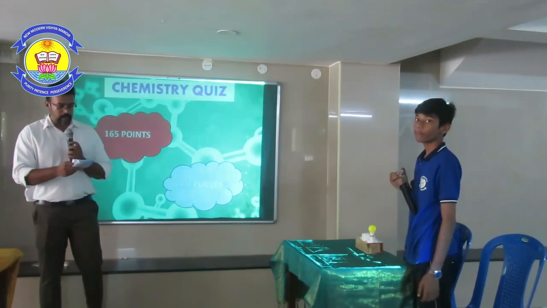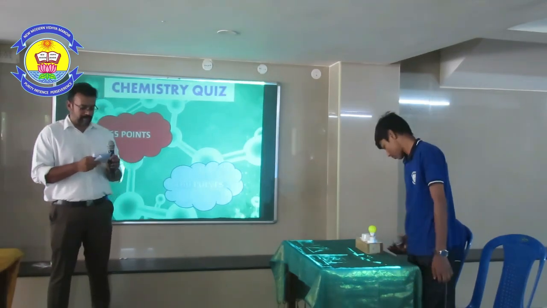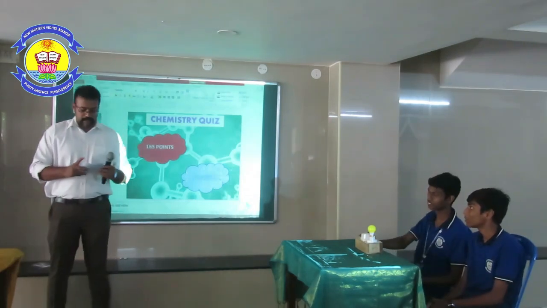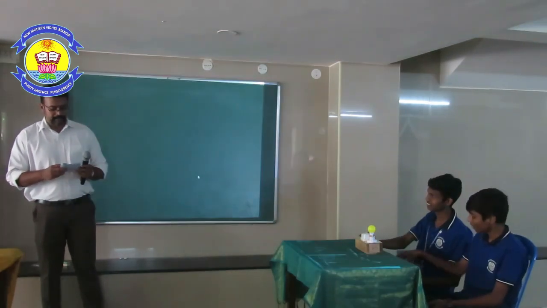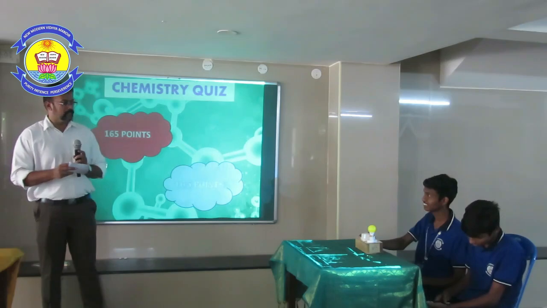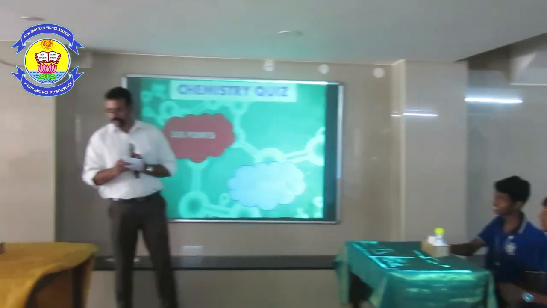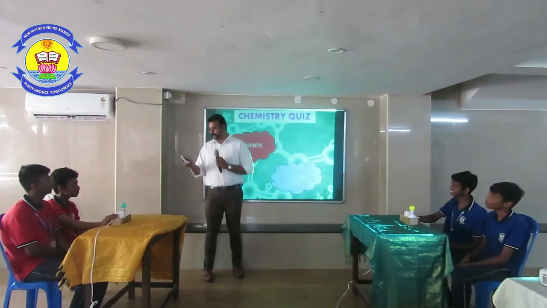PF3. 5 points granted. See, if there's a wrong answer, I will be giving -10. Keep that in mind. So he is taking a risk of pressing the buzzer. You can also take the same risk.